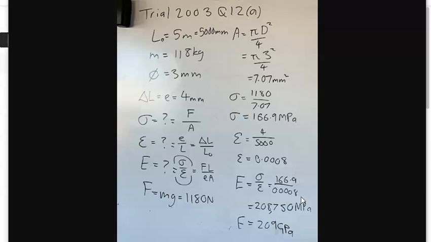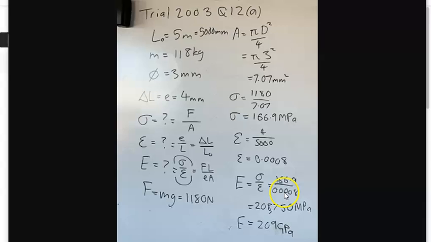So we're going to do the Young's modulus calculation. Young's modulus of elasticity is equal to stress divided by strain. We've already calculated the stress as 166.9 megapascals, and we've already calculated the strain as 0.0008.